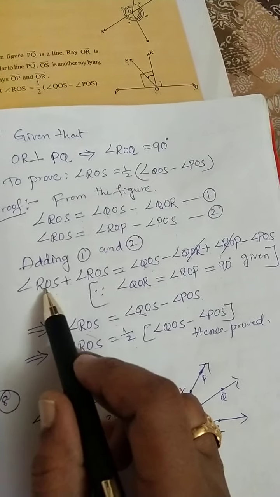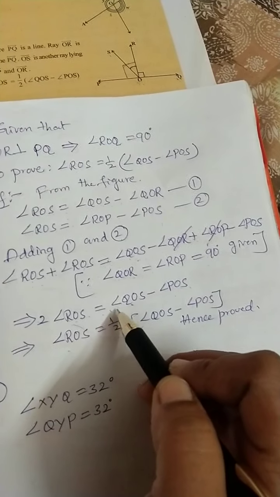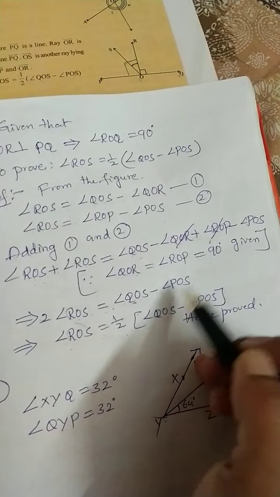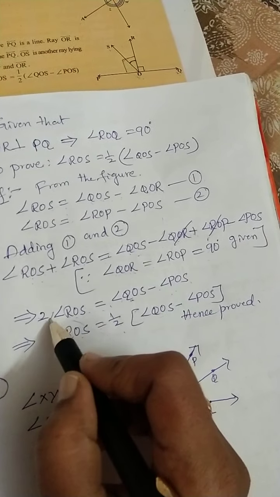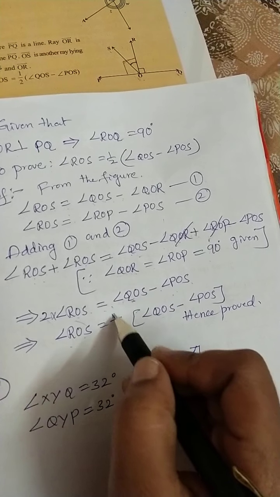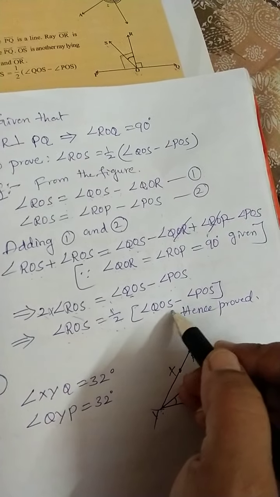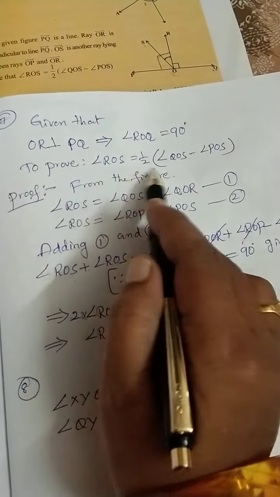Now 2 into ROS is equal to angle QOS minus angle POS. Now ROS is equal to, transposing the multiplication to division, 1 by 2 into angle QOS minus angle POS. Hence it is proved. That only was our requirement.